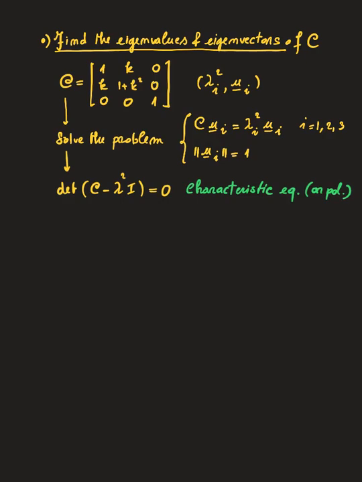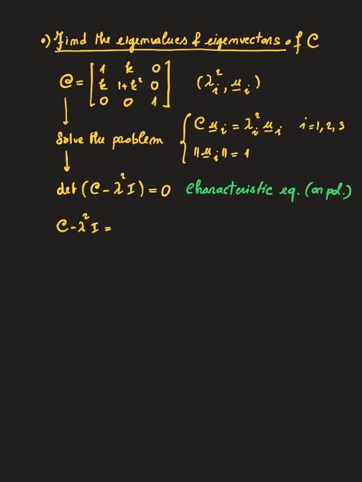Well, first of all, let me compute the matrix C minus lambda squared I. What I have to do is take this matrix here and subtract lambda squared times the identity, which means lambda squared times a matrix made by 1, 1, 1 and the rest 0.